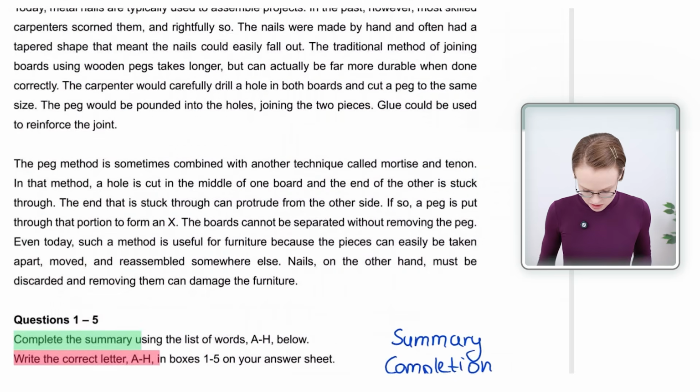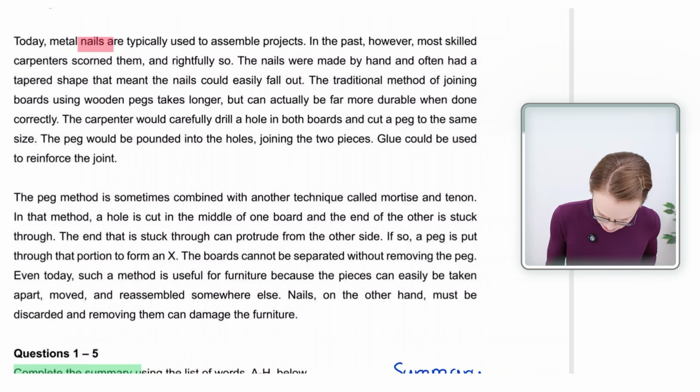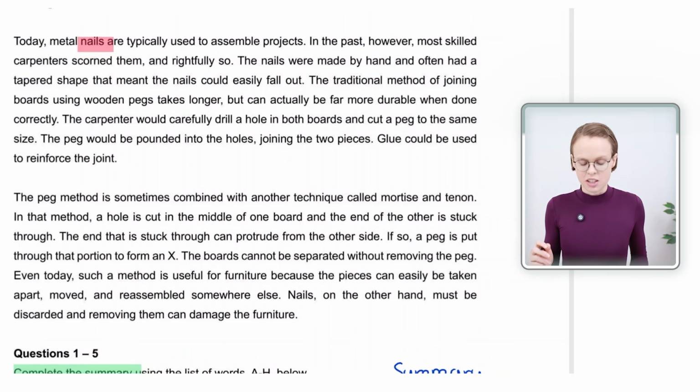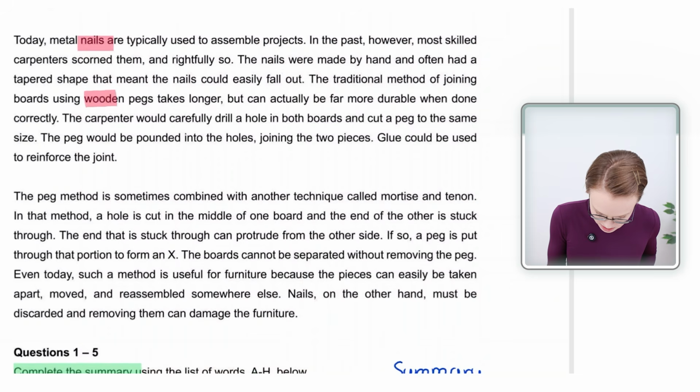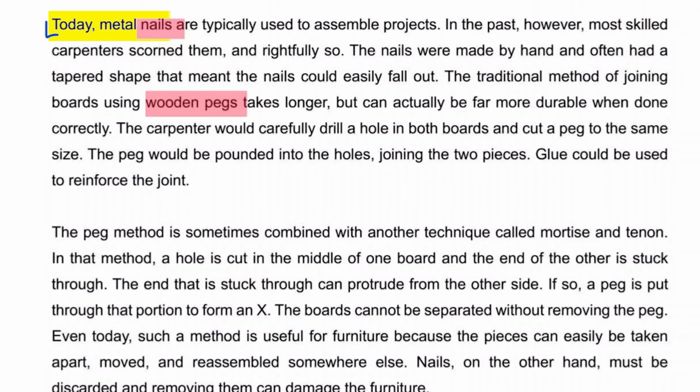Let's have a look at the passage. What does the passage say? Where can we find something about nails or pegs? I can see the word nails here in the first sentence, and I can also see the expression wooden pegs here. Now, let's start reading from here. Today, metal nails are typically used to assemble projects.